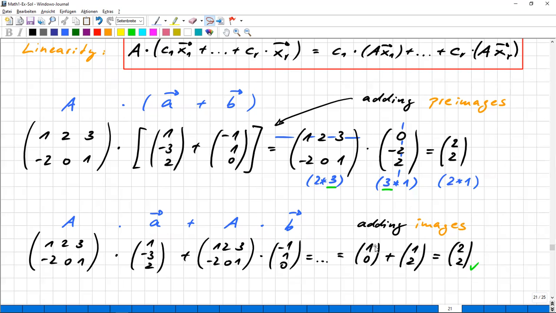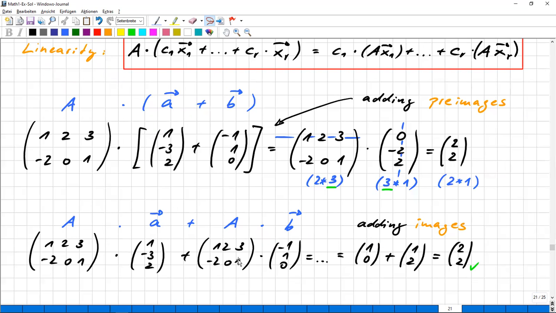You see that I just calculate the direct image of this vector A, which is also a two-dimensional vector, but a different one than before, okay? Now, second row, first column: minus 2 times 1, plus 0 times minus 3, plus 1 times 2. So this is minus 2 plus 2, which is 0. And I'm done.